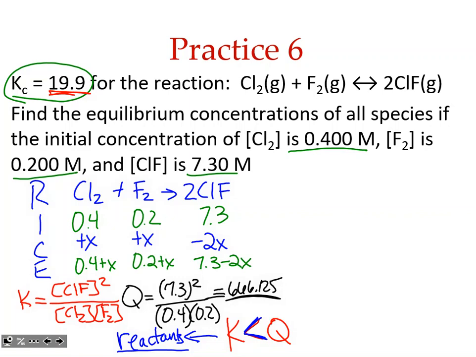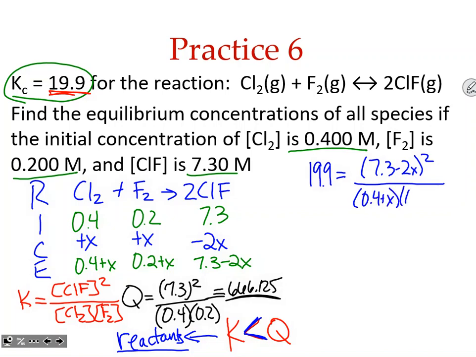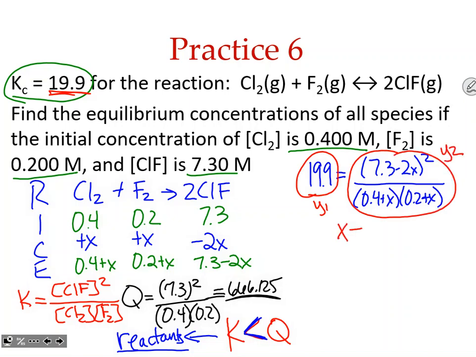So we put that in our lovely calculator. So 19.9 equals product squared over reactant. Y1, Y2, let's go ahead and find X. Take a moment to graph that one and get it.